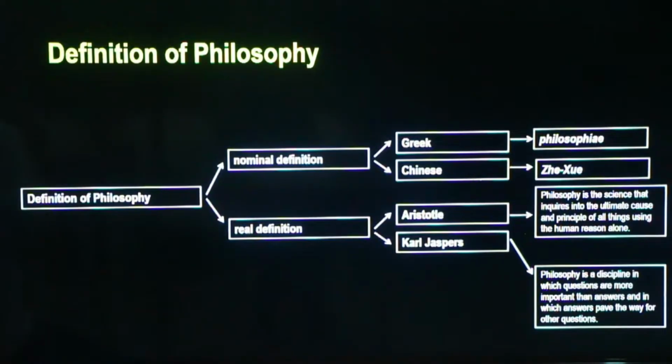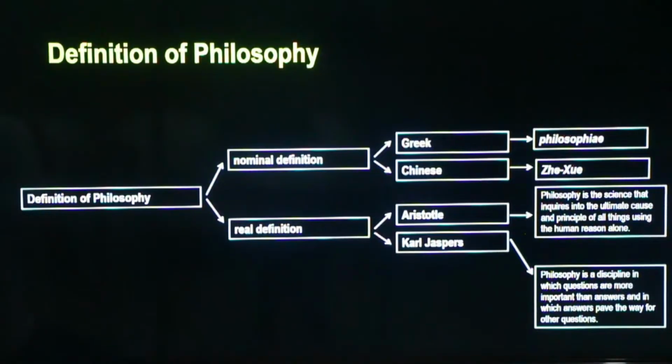So philosophy tries to be as systematic as it can be in its quest to know the ultimate cause, or the truth itself. It's good to explain the difference between ultimate cause and proximate cause. Now, the proximate cause, as opposed to ultimate cause, is a cause, but it is also caused by something else.